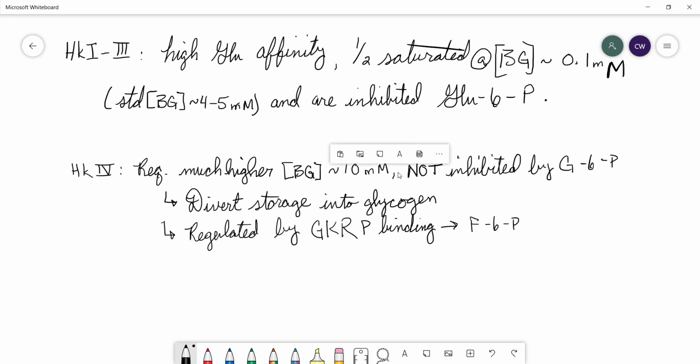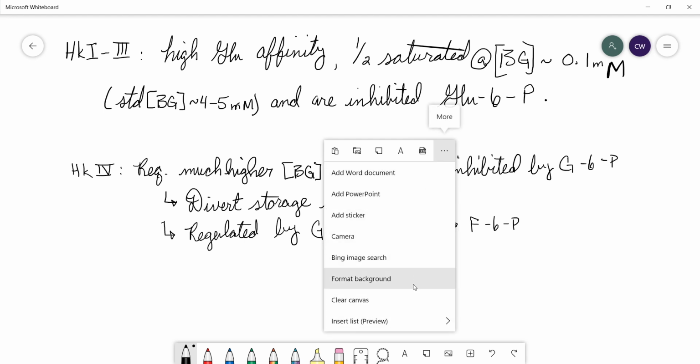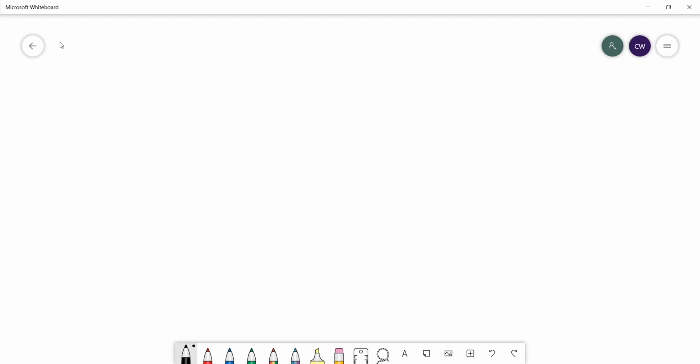All right. And of course, this isn't the only control mechanism. We also have allosteric regulation mechanisms.